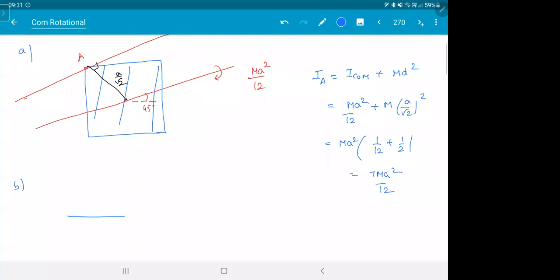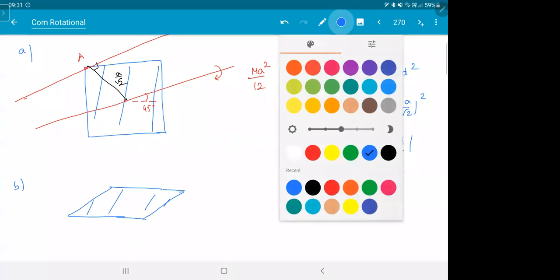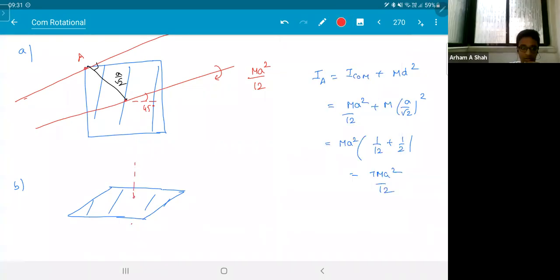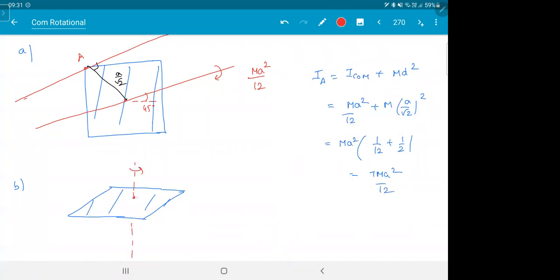What about the B part? In this case, it is passing like this, na? Through the center, perpendicular. Now this is MA square by 6, and you want it about this axis. So this is the perpendicular distance, A by root 2. Now for the second case, IA would be MA square by 6 plus M into A by root 2 whole square, that is 2 by 3 MA square. Check.